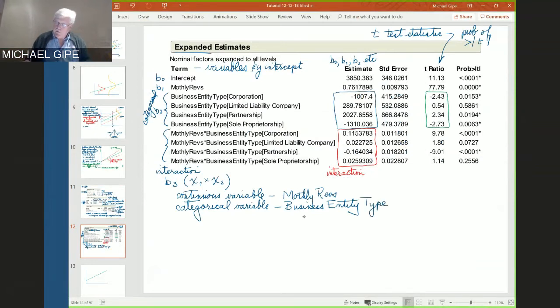And that business entity type has 4 possible states: C, LLC, P, and SP.